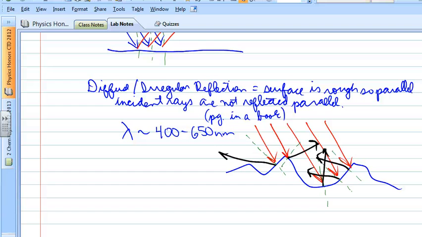Now the book has a neat example of how a surface can turn from diffuse reflection into specular, and that is what happens to roads when it rains.